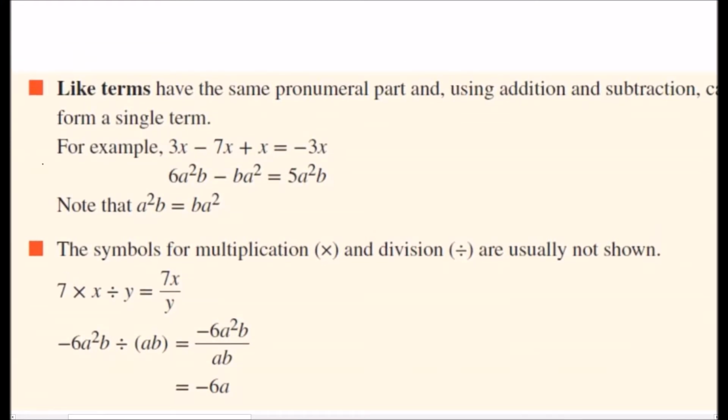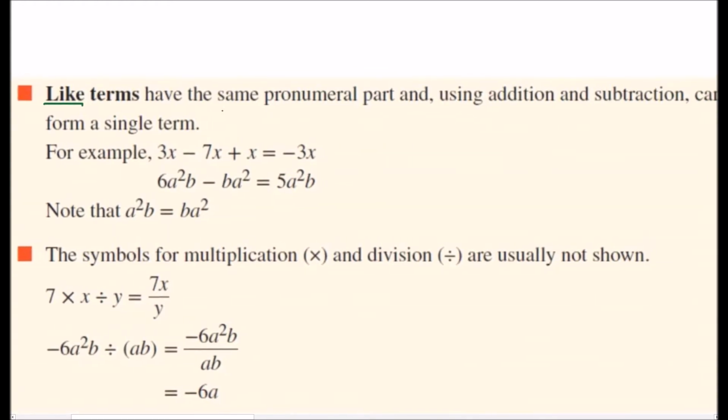Like terms. This is a term that you probably have seen before. A short way of understanding it is when you have terms where the powers or the indices are exactly the same. So indices and the variables must be exactly the same. The definition there is also quite useful.